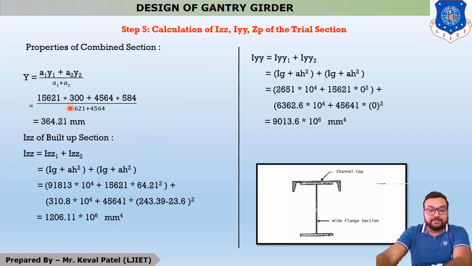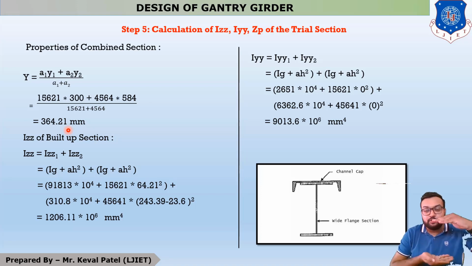In the last lecture we discussed that the CG of the combined section moves upward by a distance of 64.21 mm, because if you select only the I section having a depth of 600 mm, then what is the CG of 600 mm?